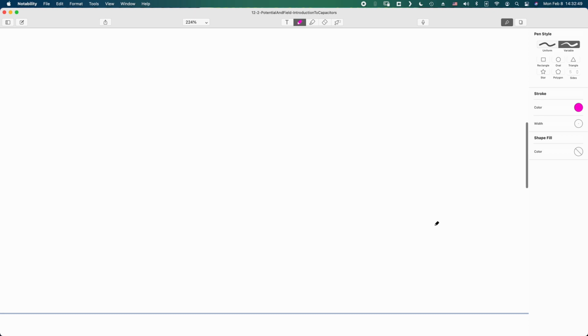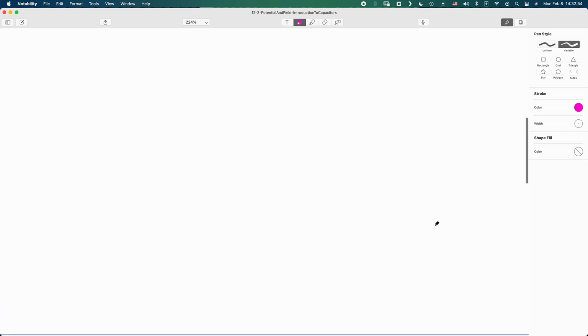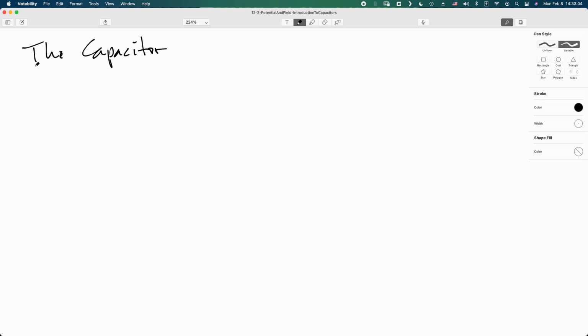All right, so with that, let's go ahead and introduce formally the capacitor. So schematically, we can just imagine this to be a pair of plates. So these are both plates here.